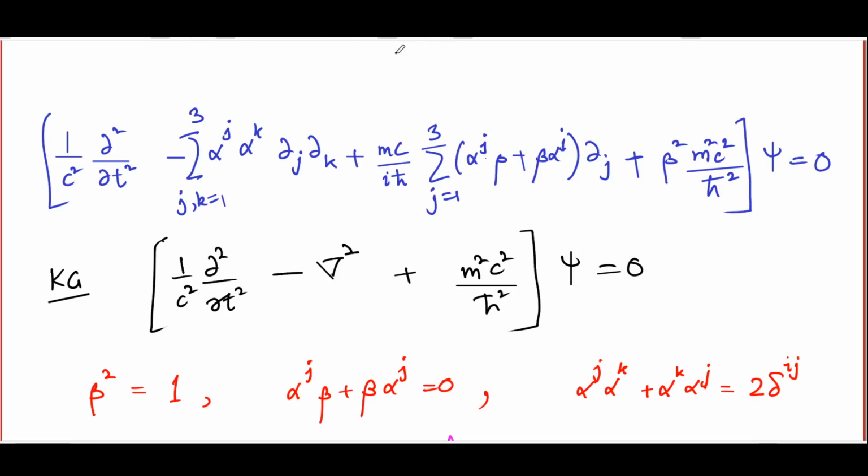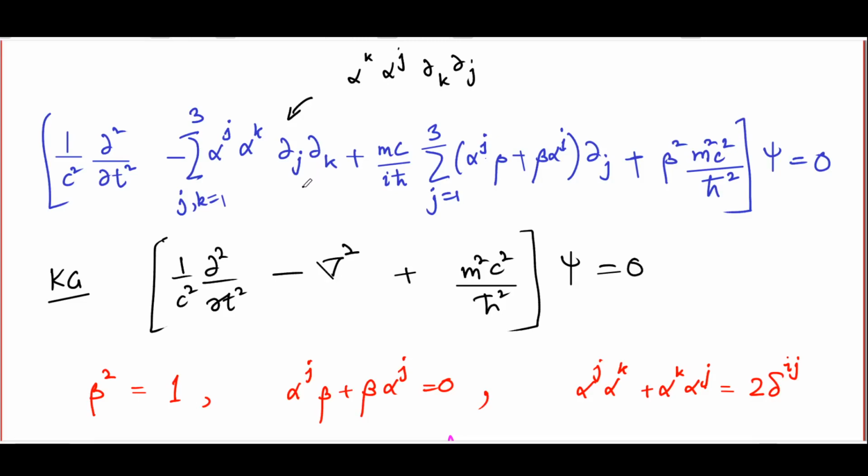So this term really is actually equal to α_k α_j. I am just not writing the sum here, but you should understand that that's there. This is just relabeling the indices j and k.